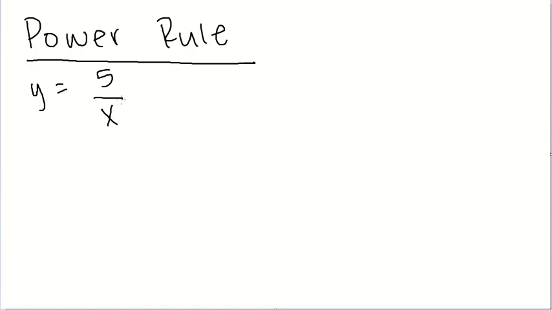So before we even try to take the derivative of this, before we try to use power rule, what I'm going to do is I'm going to rewrite this just using an algebraic rule. So I'm going to just rewrite this. I'm not taking the derivative yet. I'm just rewriting this, and I'm going to rewrite it as 5 times x to the negative first.